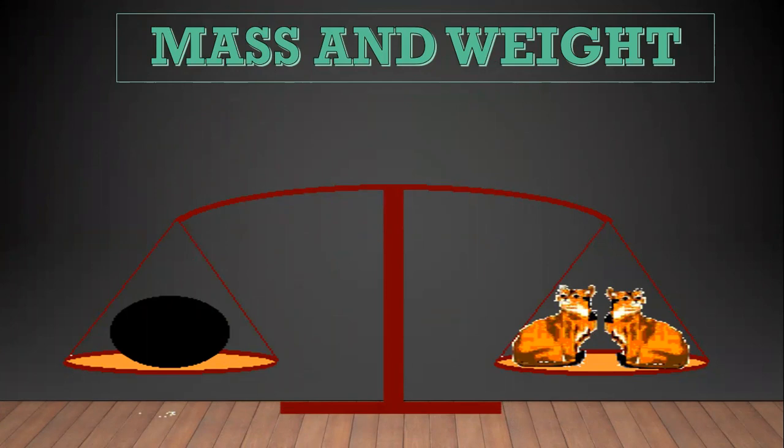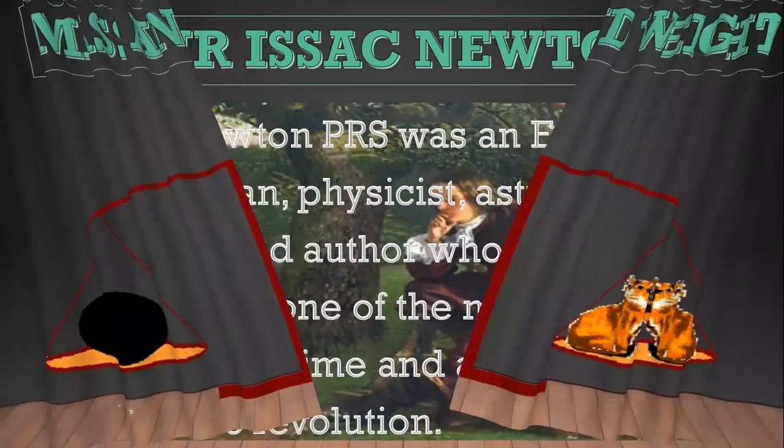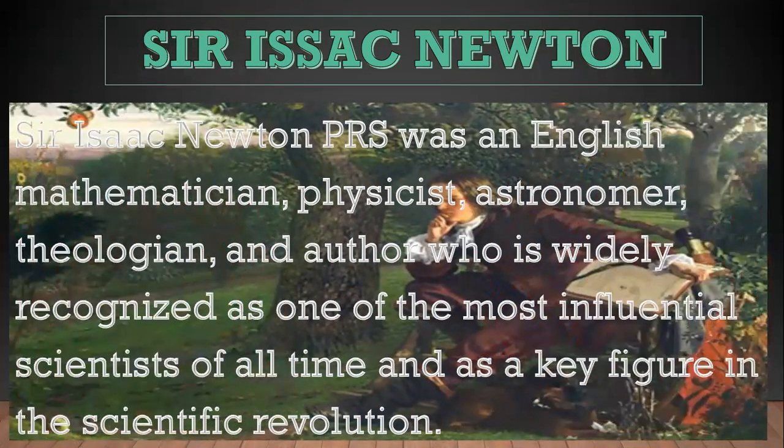On the left there is weight and on the right it is mass. As I told you before about Sir Isaac Newton, who knows why things are pulled toward the earth due to the gravitational force.